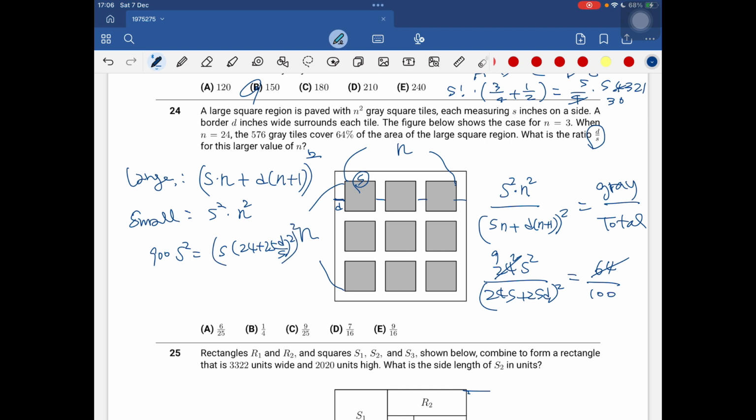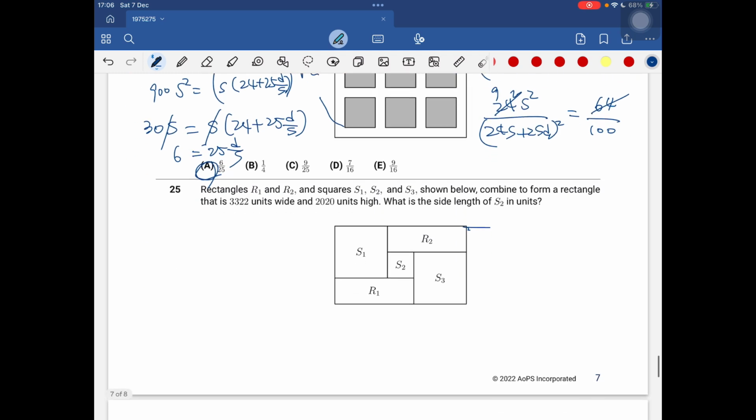Then we can take the square root of both: 30s equals s times (24 plus 25 d over s). So 6 becomes 25 d over s, so d over s is 6 over 25.